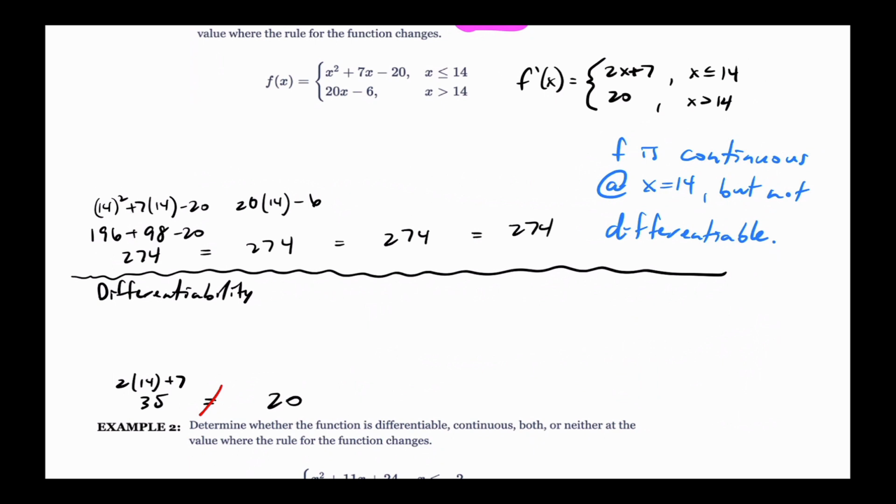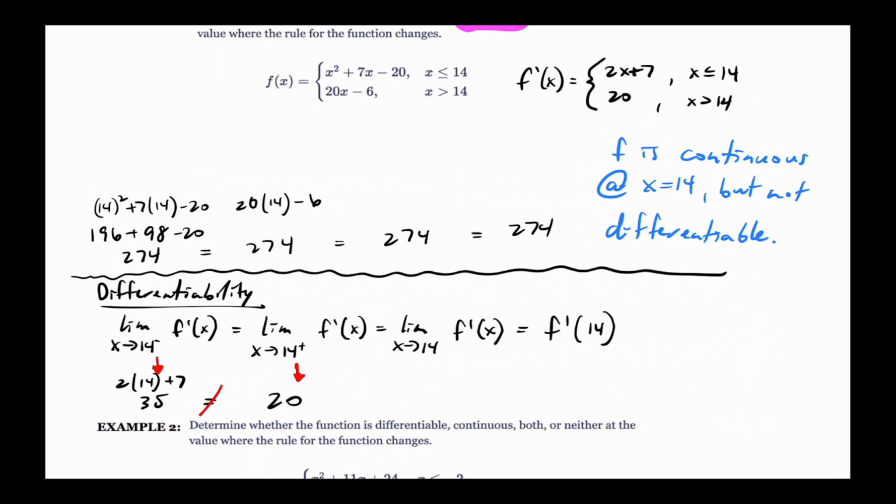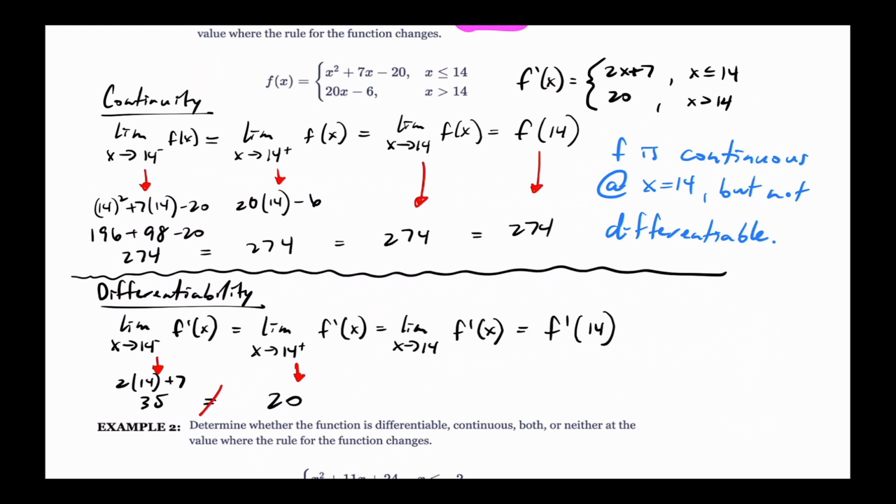That's not justification. That's scratch work. I know 35 doesn't equal 20. My son's a kindergartner and he knows 35 doesn't equal 20. That's not justification. I know 274 equals 274 equals 274. I know that. That's just scratch work.